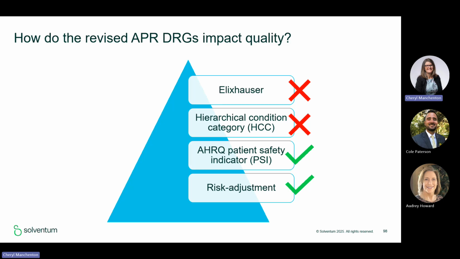And obviously, all seriousness aside, our clinical and economic research team who maintains the APR DRG methodology really does look at the risk adjustment, not just the resource consumption, but making sure that they're clinically cohesive for not just payment, but also for fair risk adjustment. So I'm going to compliment them and say they didn't do this for no reason. There was a well thought out process. It definitely will have some impact on risk adjustment.